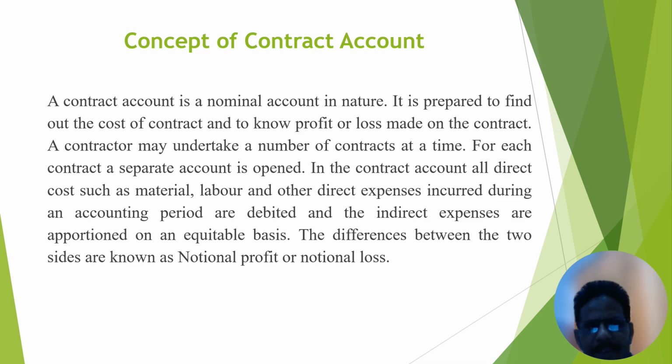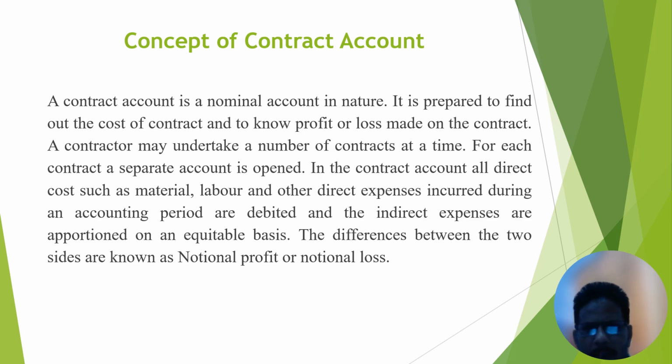A contractor may undertake a number of contracts at a time. For each contract, a separate contract account is opened. It means if 5 contracts are running at the same time, then we have to prepare 5 contract accounts for calculation of cost and profit.